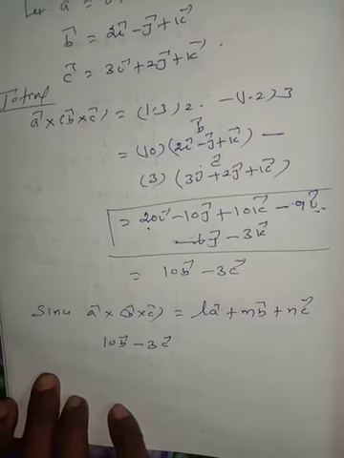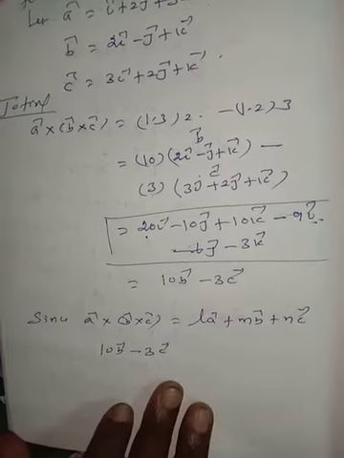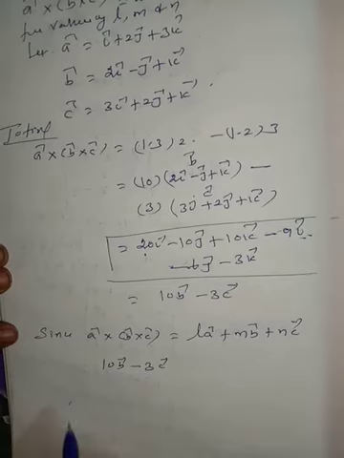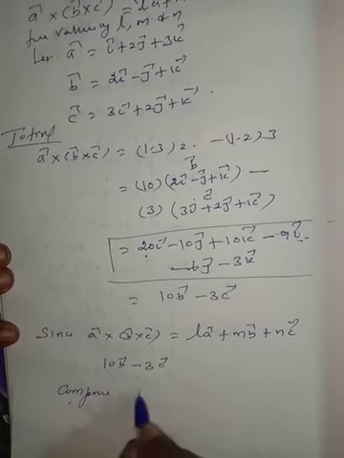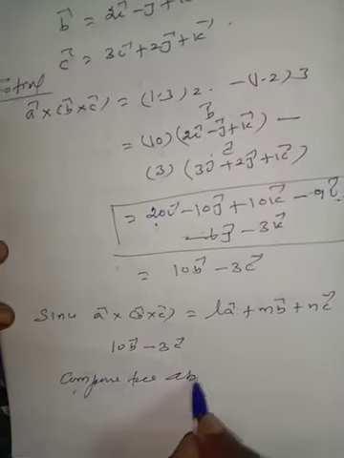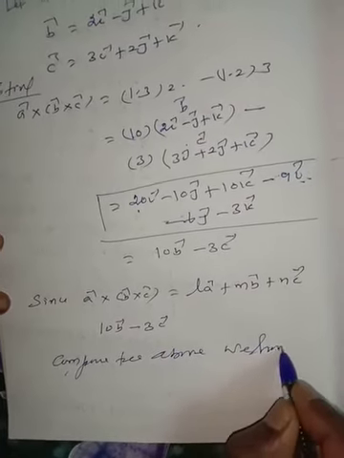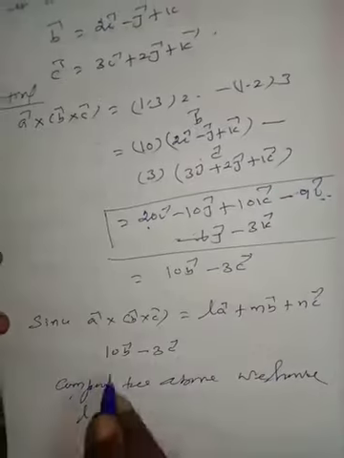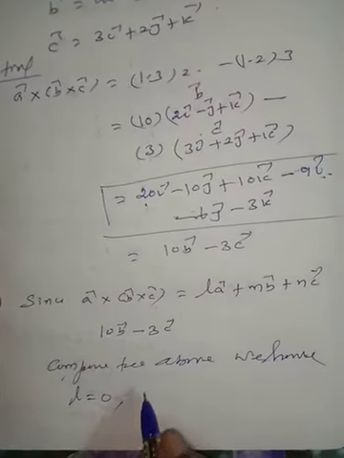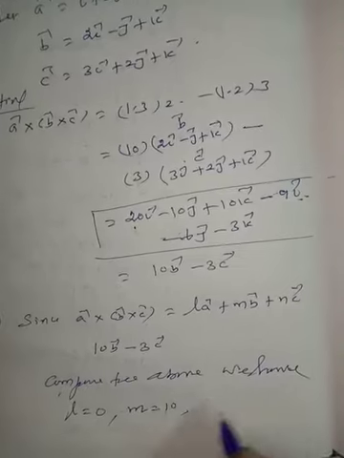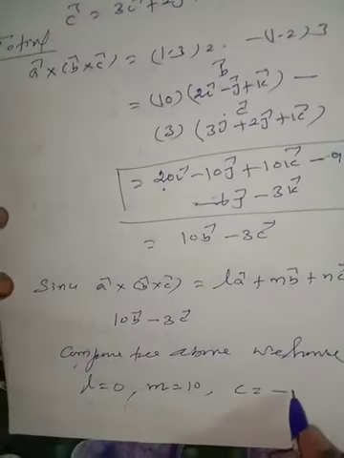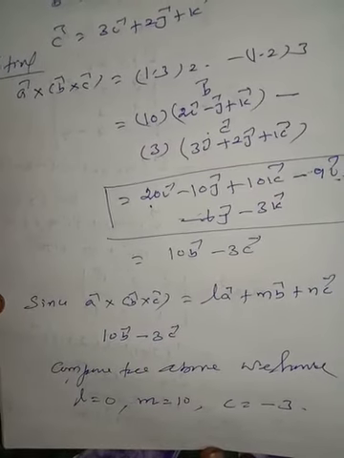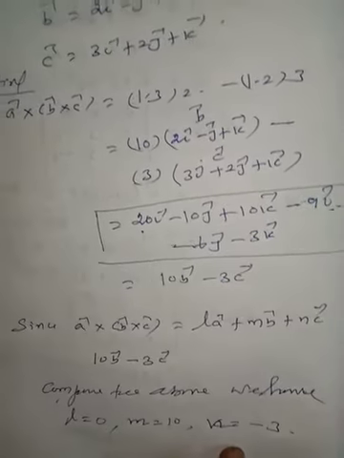Therefore substitute 10B vector minus 3C vector. Now comparing the two, LHS and RHS, we get L is equal to 0, M is equal to 10, N is equal to minus 3.